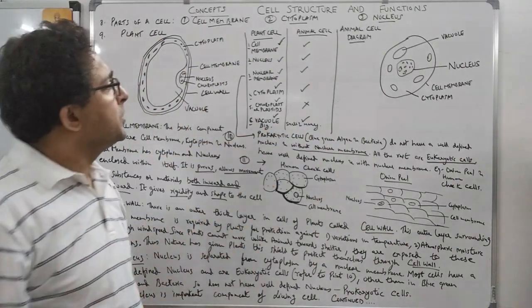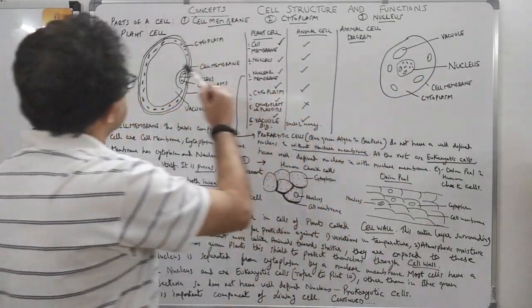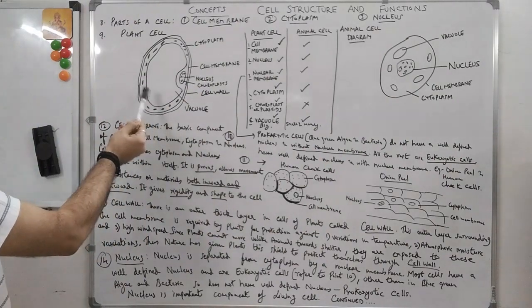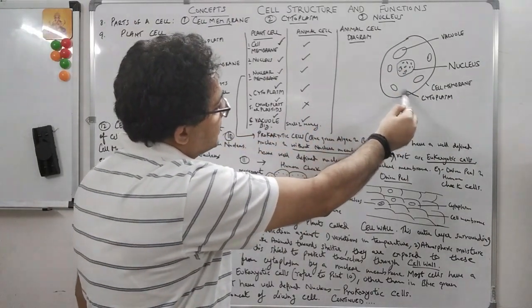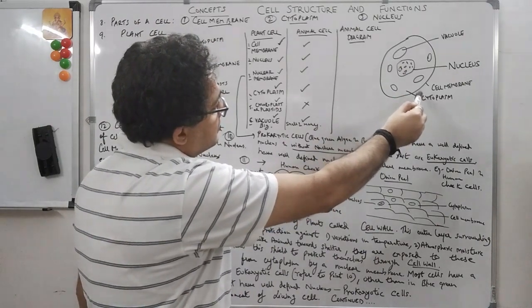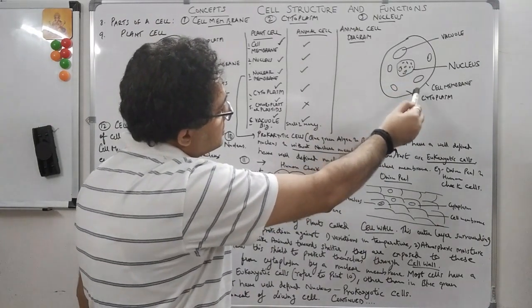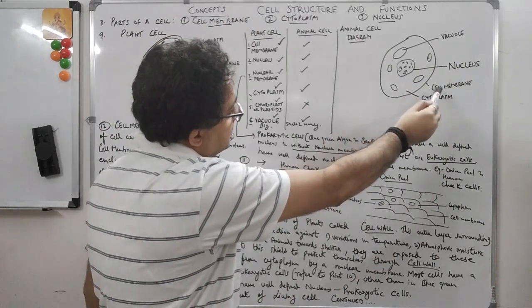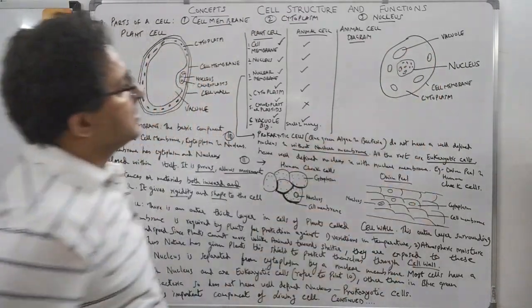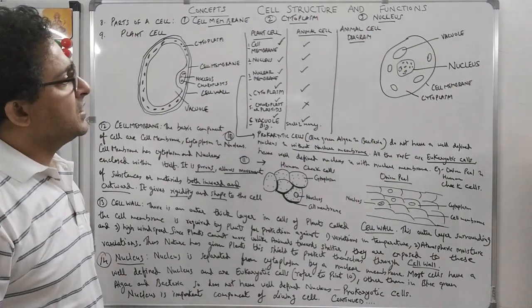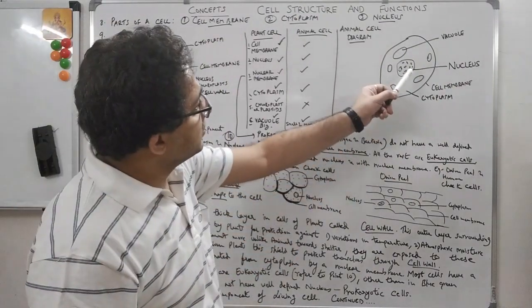Now, animal cell. There are small vacuoles. There's a big vacuole in a plant cell. There are many small vacuoles in an animal cell. There is a cytoplasm, which actually has the nucleus, and the cell membrane, which is the outer covering of the animal cell. Inside the cell membrane you will have the nucleus.